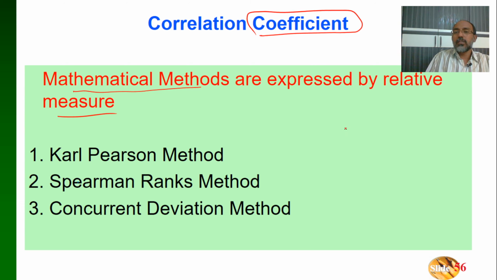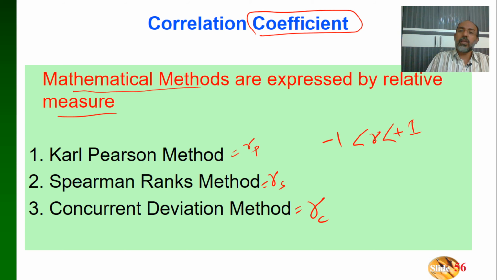The Karl Pearson method is expressed as RP, this is RS, and this is concurrent deviation RC. Here R lies between -1 and +1.